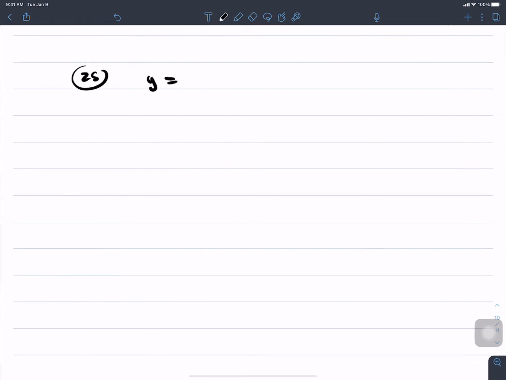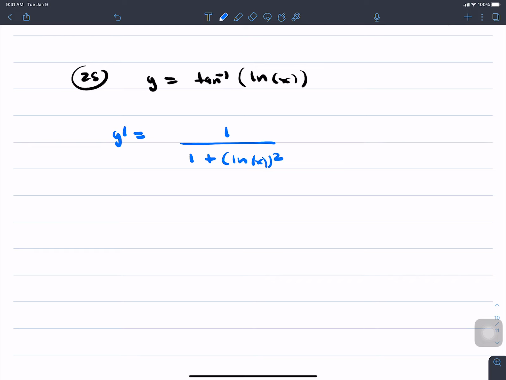So y equals inverse tangent of natural log x. Okay. Y prime 1 over 1 plus. And I guess I did do this one. This looks like some deja vu.